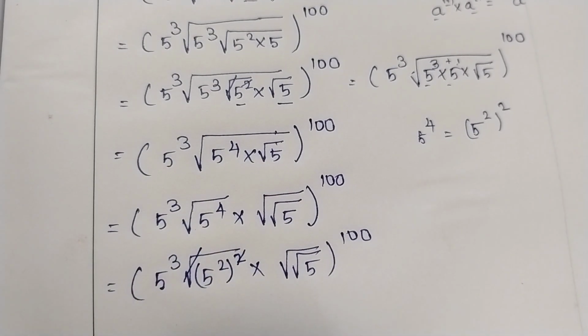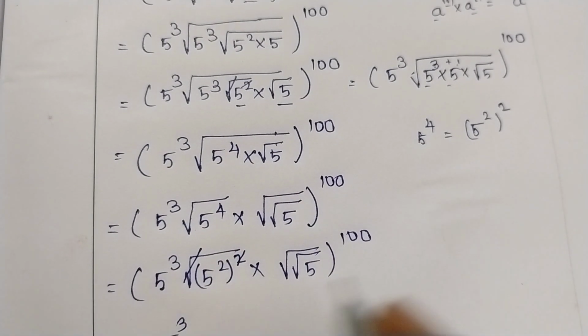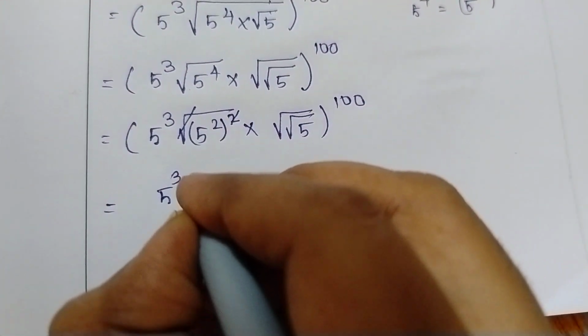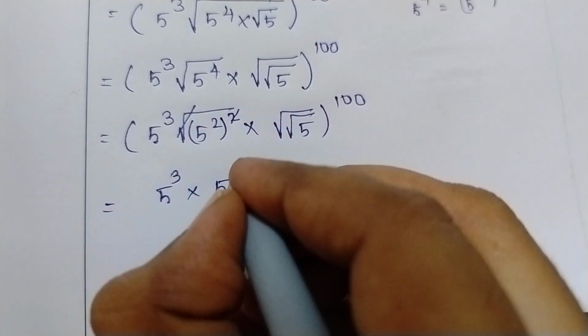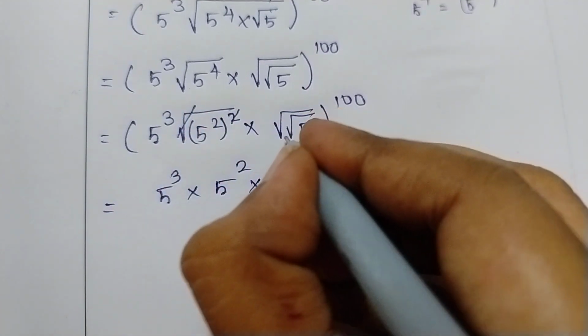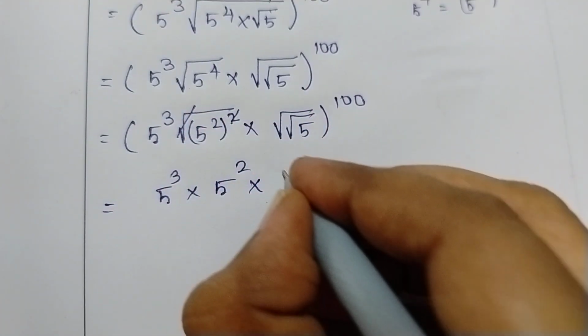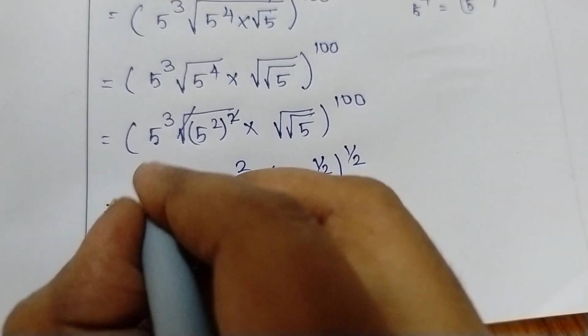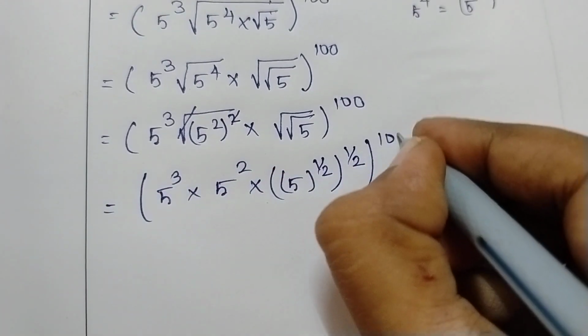So what we have here is 5 cube into 5 square into, this double root can also be written as 5 power 1 by 2 and to the power 1 by 2, the whole power 100.